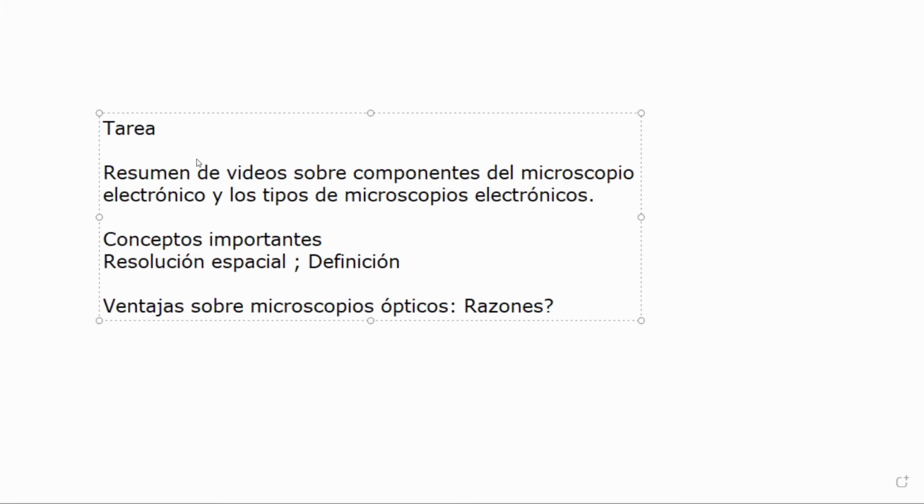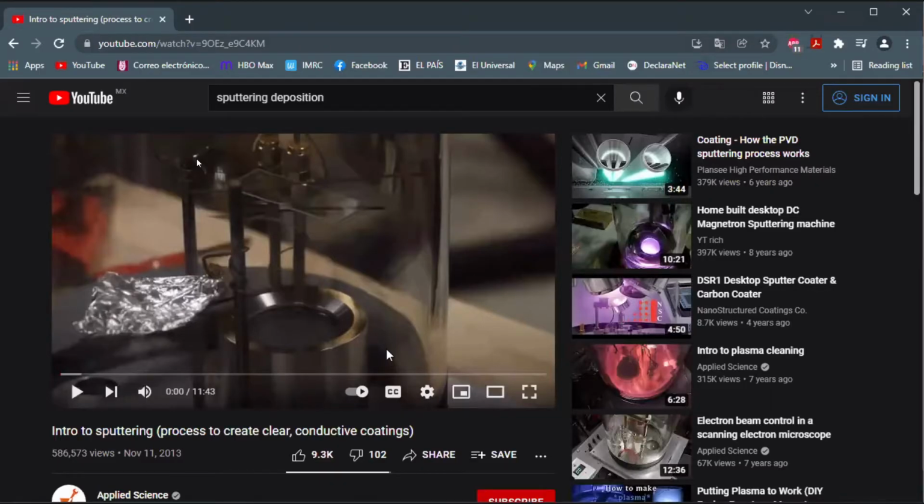Ese es uno un poco más caro. El otro es que se hace un arco eléctrico. Mira aquí por ejemplo, creo que aquí está esto. Les voy a compartir esta pantalla. Lo que tenemos es estos dos electrones y aquí en medio va lo que se va a depositar, ¿no? ¿Sí todos ven la nueva pantalla?